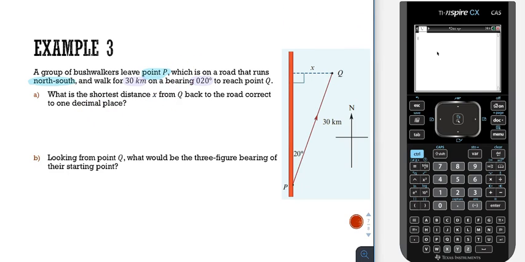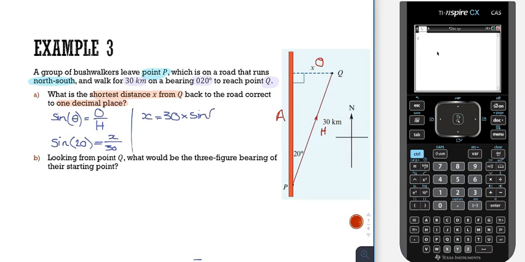What's the shortest distance from X, distance X from Q back to the road correct to one decimal place? This is a right angle triangle where you can label your sides appropriately. So my angle is down here, opposite, hypotenuse, adjacent. I'm going to use sine, so sine theta equals opposite over hypotenuse. Substituting in my values, so sine of 20 is equal to x over 30, where x is equal to 30 times sine 20.